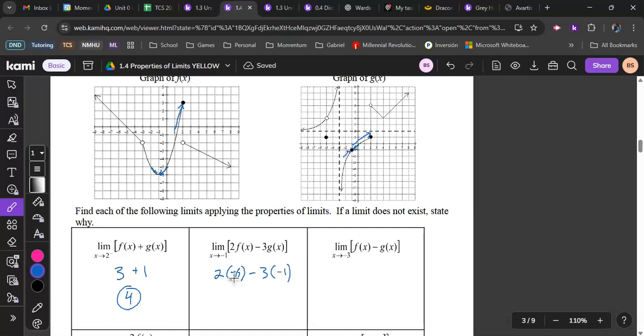And so then I just multiply these things all together. So I'm going to get -12 minus -3, which is the same as plus 3. So it's -9. It's minus -3, because it's -3 times 1. So you can think of that as plus 3. If you're subtracting a negative, that's like adding a positive.